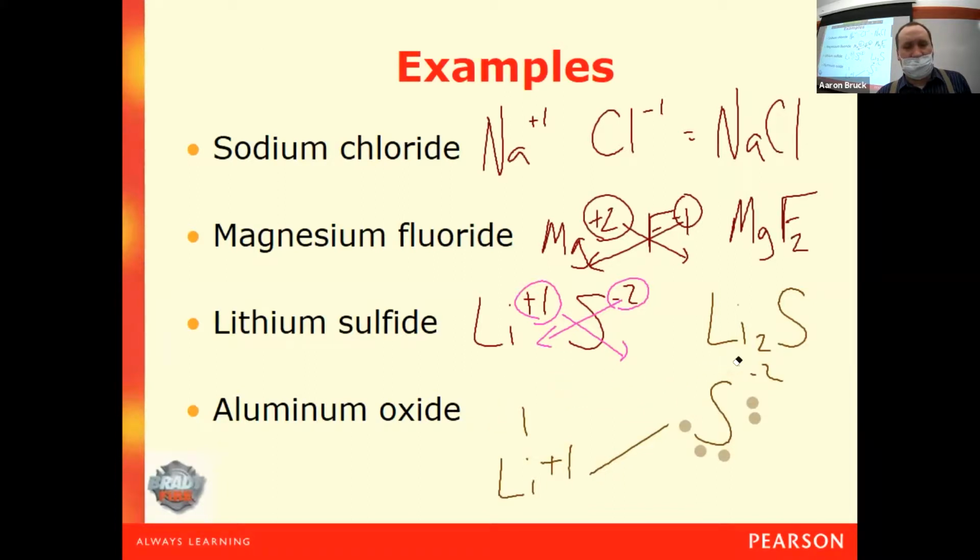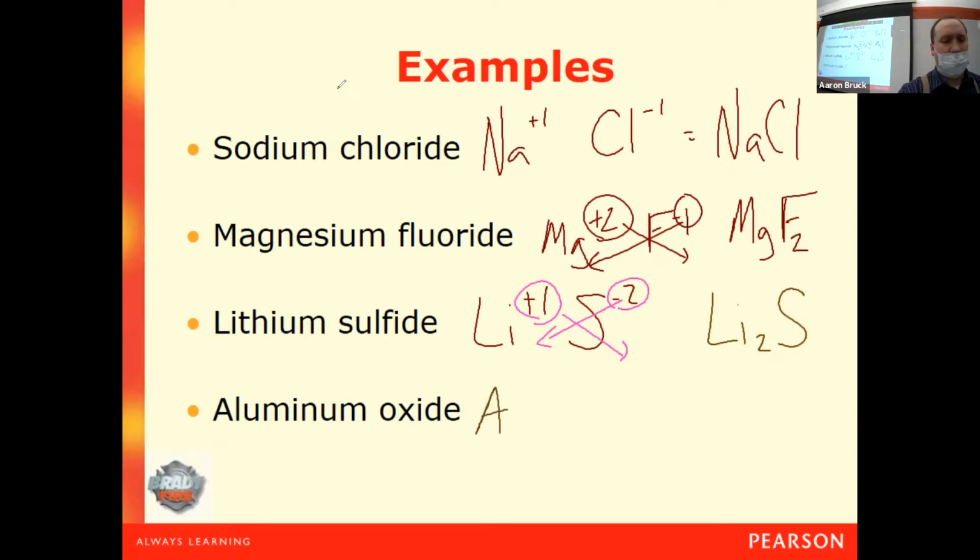For the last one here, I've got aluminum. Aluminum is in group 3A, so it's a +3 charge. Oxygen is in group 6A, so it's a -2 charge. Again, the charges do not match, so I need to crisscross them.